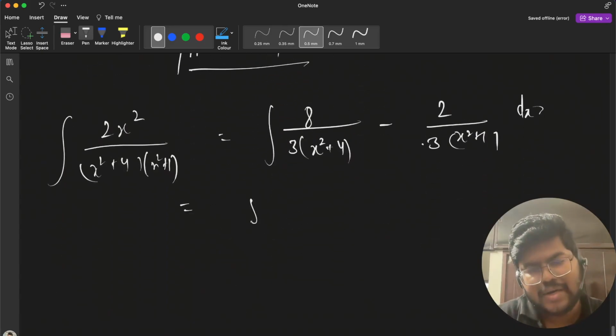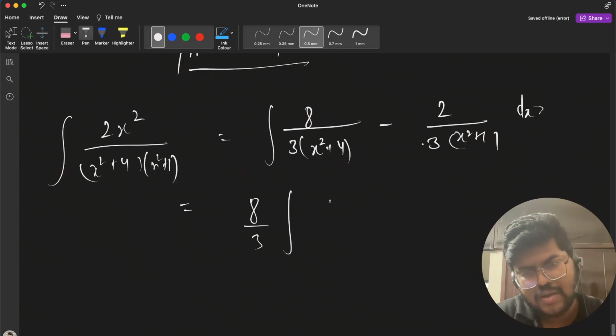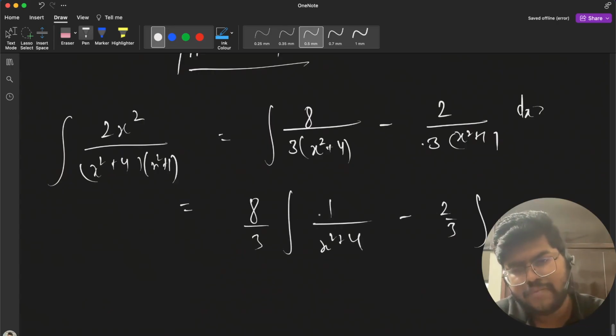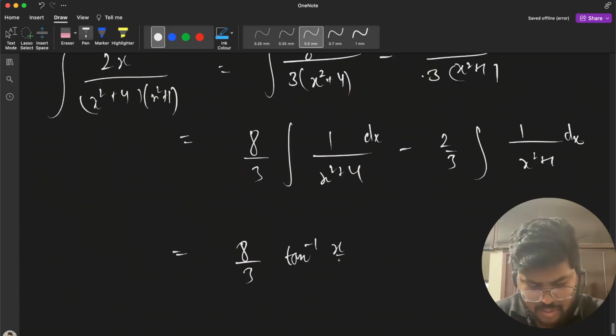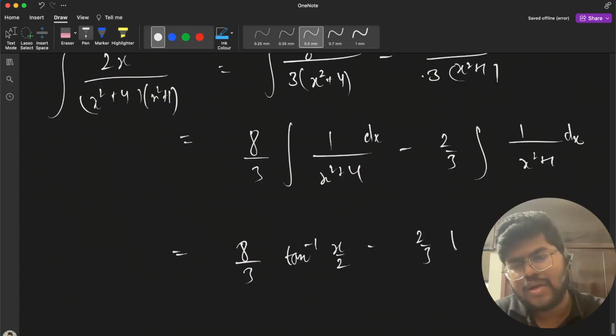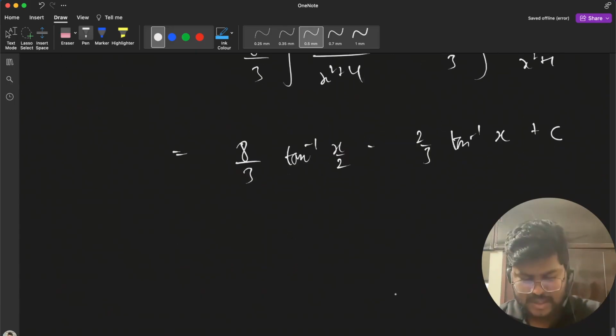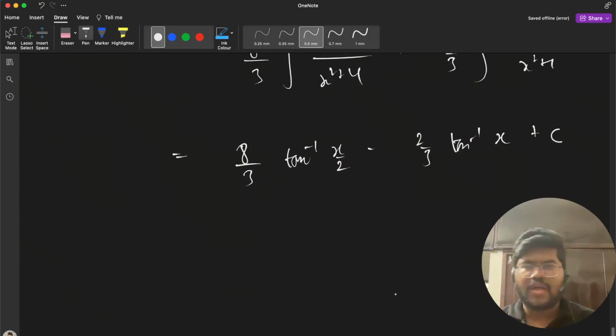Now separate the integration: 8 by 3 integral of 1 upon x square plus 4 minus 2 by 3 integral of 1 upon x square plus 1 dx. So now it is tan inverse x: 8 by 3 tan inverse (x by 2) minus 2 by 3 tan inverse x plus C, right? So in this way we have solved case number 5.